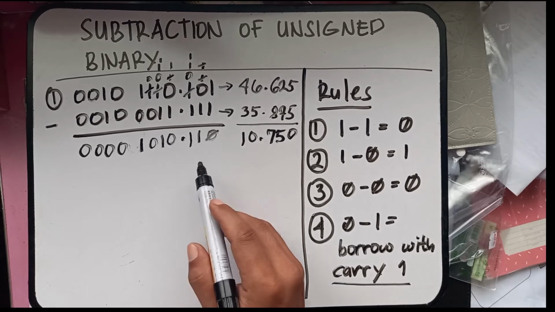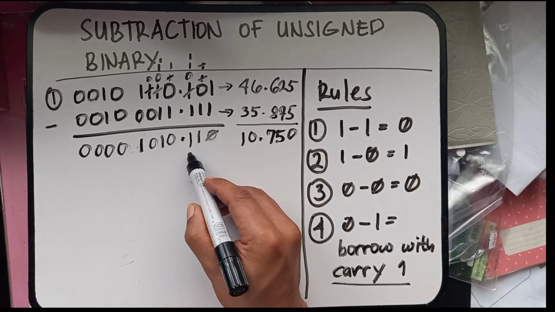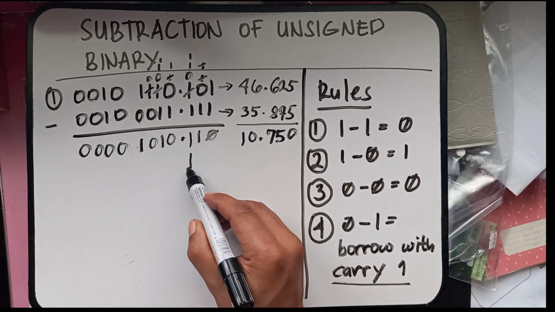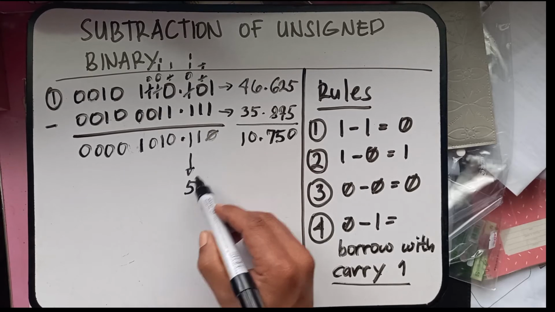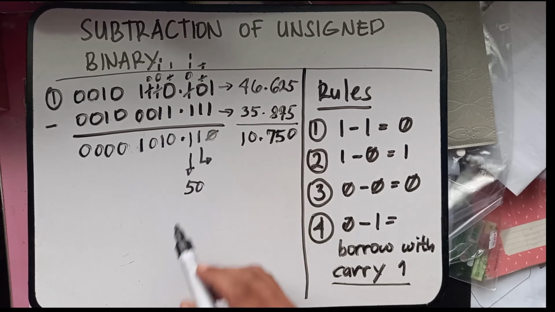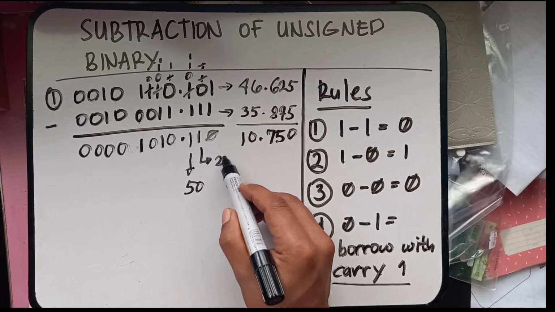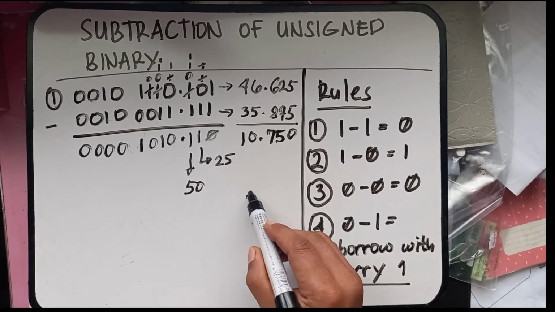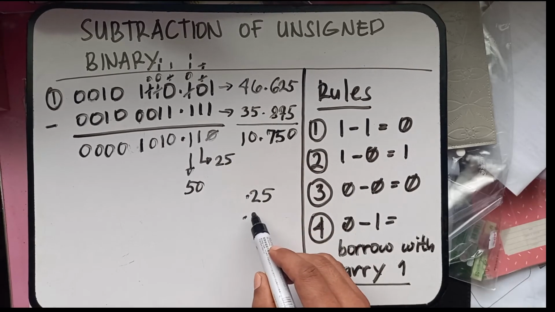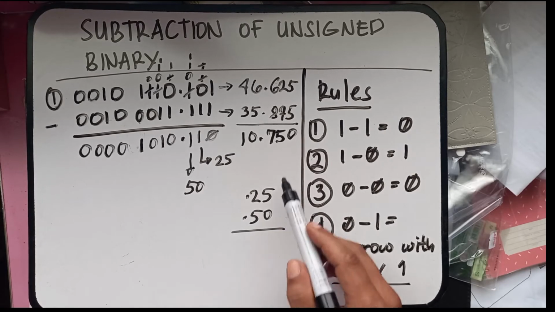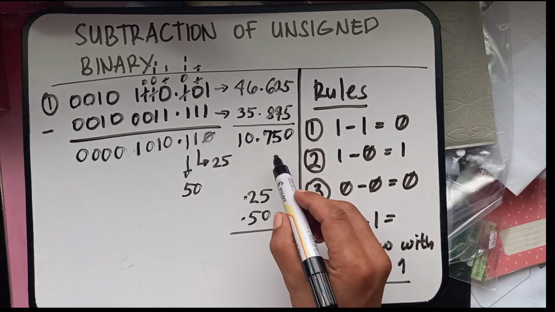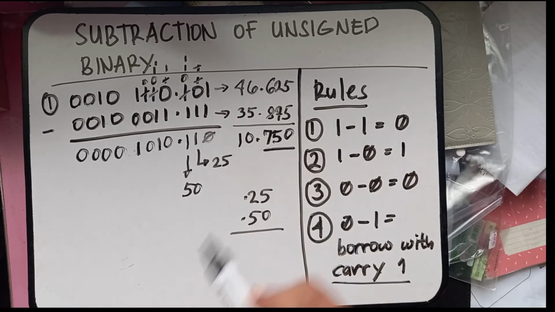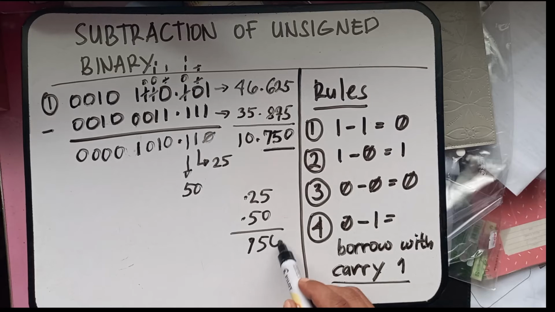Okay, so let's check. This is 50, and this is 25. So 0.25 plus 0.50, we get 0.75. Meaning on the fractional part, we have a correct answer, 750, because this is 0.75.